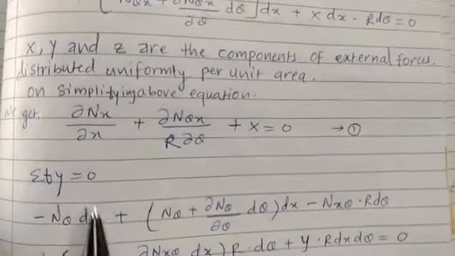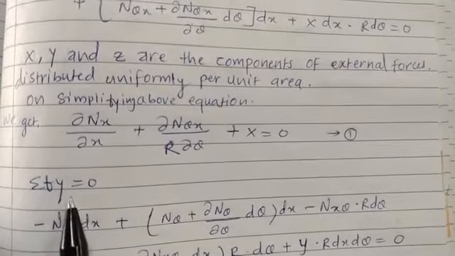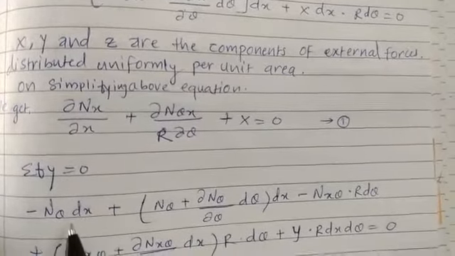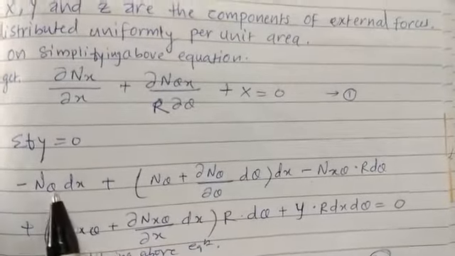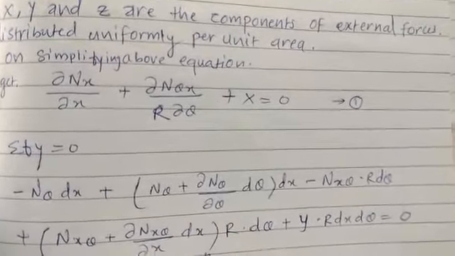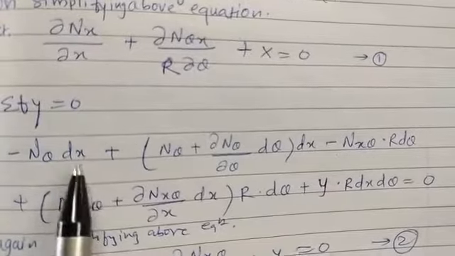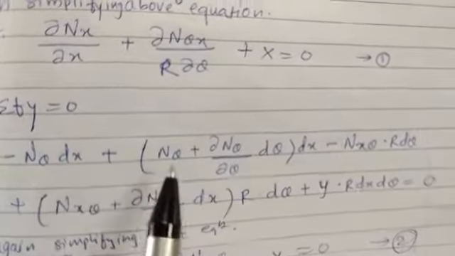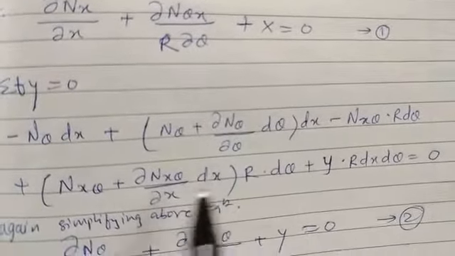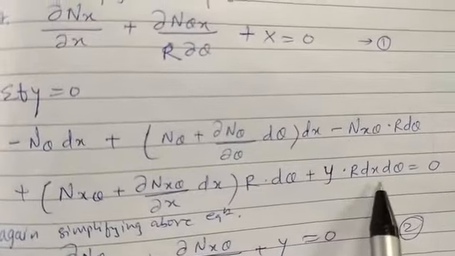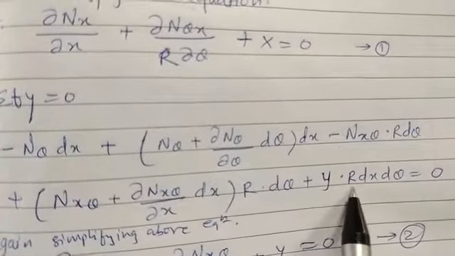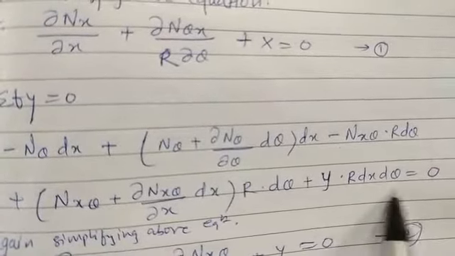Now similarly we can calculate the summation of forces in y direction. Y direction is nothing but the direction of theta. So we have taken n theta x into dx. Dx is the length on which n theta is acting. Similarly, all the forces are taken. Y is force per unit area, so that's why y into r dx d theta, which is the area.